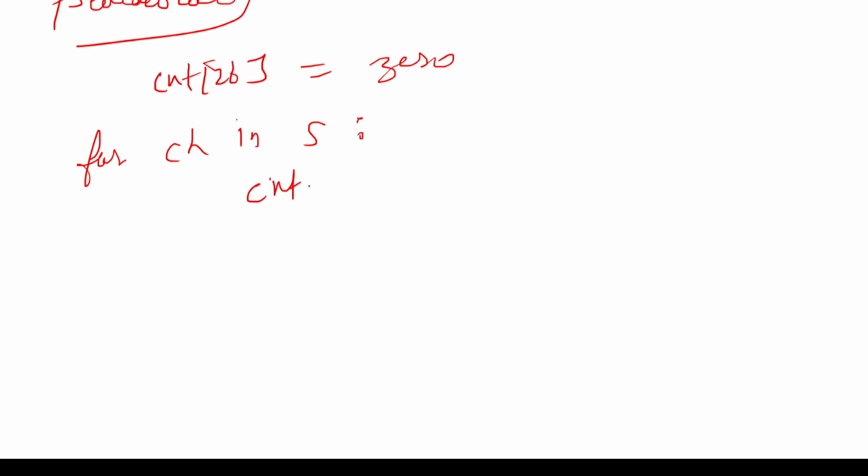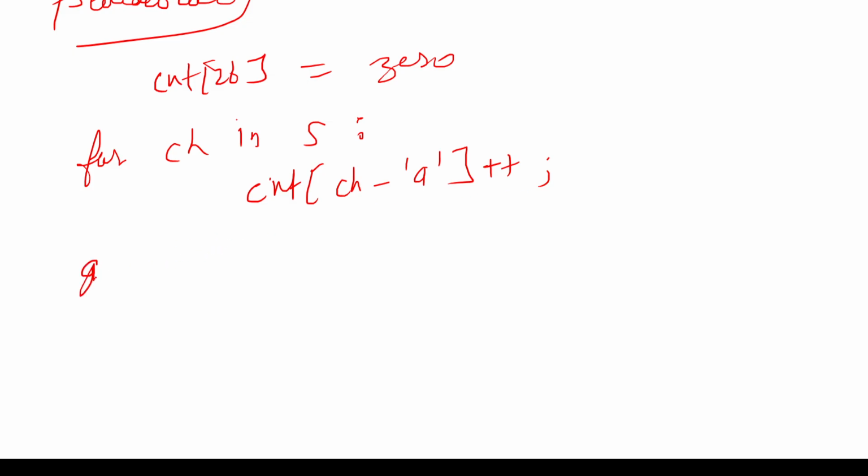The count we have is count of ch minus 'a', right? So you will update the value and increase the count. This is based on the ASCII characters, right?